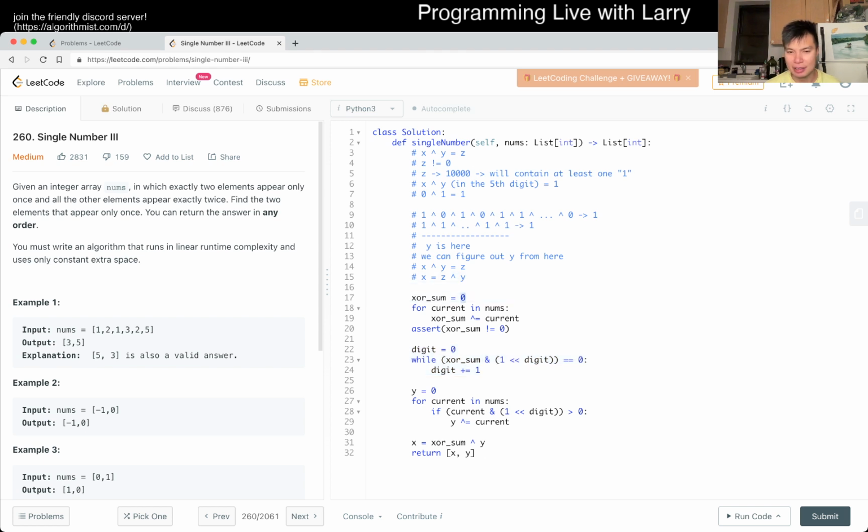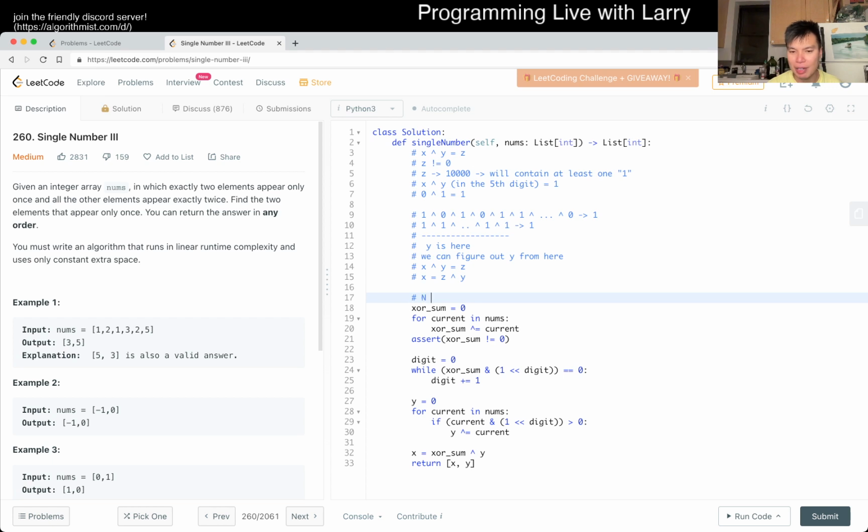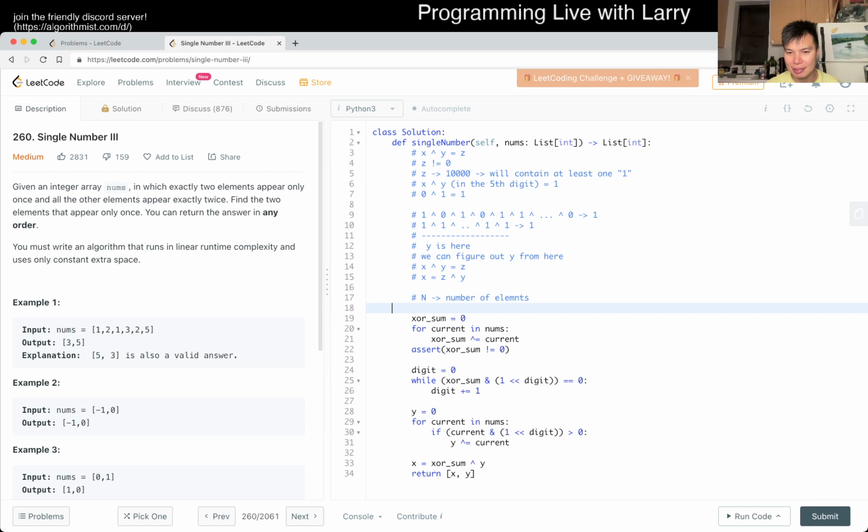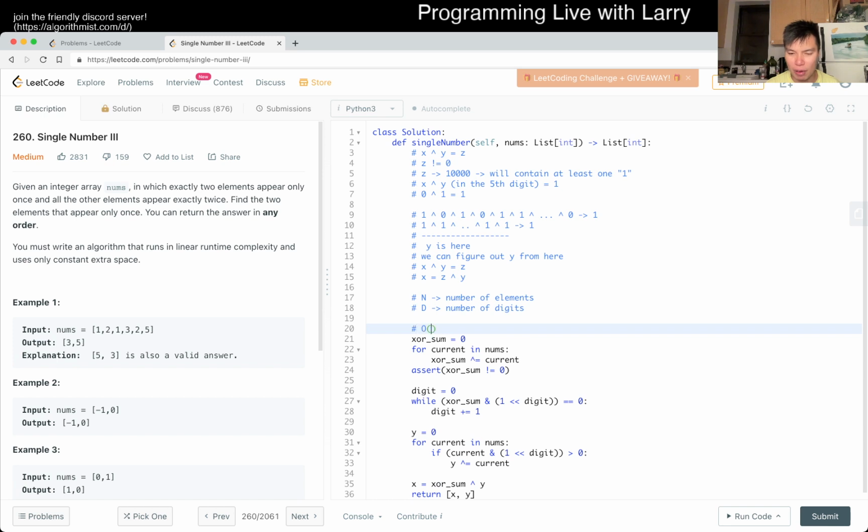This is n, the number of elements, and maybe d, the number of digits, and in this case this would be O of n times d, I guess. Because in this case, this is O of nd, this is O of d.